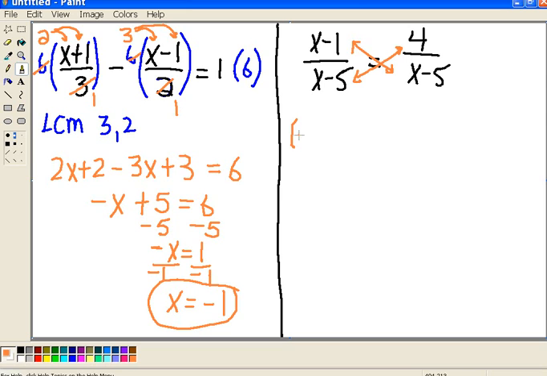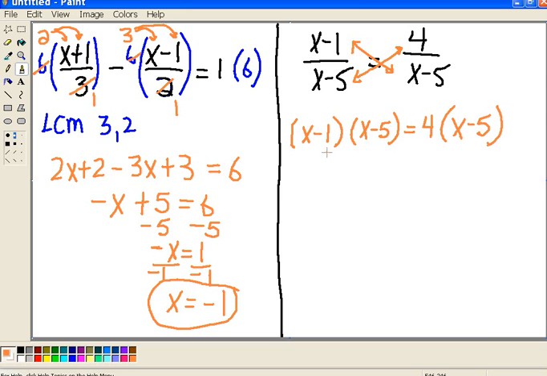In this case, it would be x minus 1, numerator, times x minus 5, denominator on the other side. And you'd set that equal to 4, numerator on the other side, times x minus 5, denominator on this side.